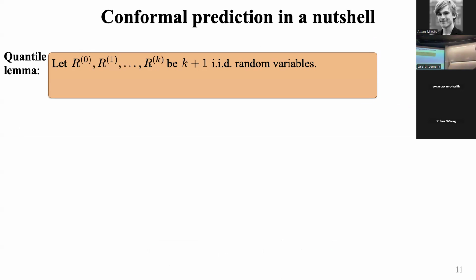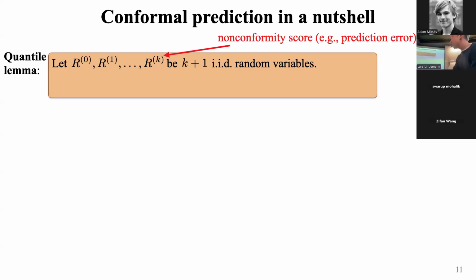Now, this is kind of the goal, what we're aiming for, and now we need to talk about the technical machinery. So conformal prediction, the vanilla version at least, is based on a really simple quantile lemma. This slide is a little more mathy, so I'll try to walk you through it more slowly. We assume that we're given k+1 IID random variables that we denote by R0 to Rk. These are usually referred to in this community as the nonconformity score, but for now you can think of it as a prediction.